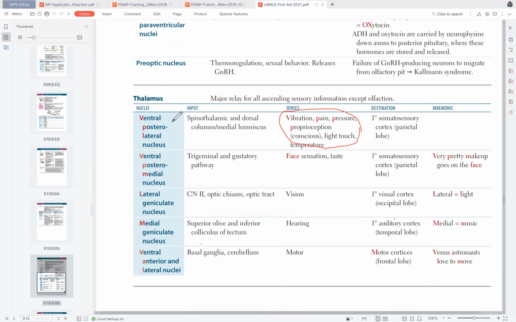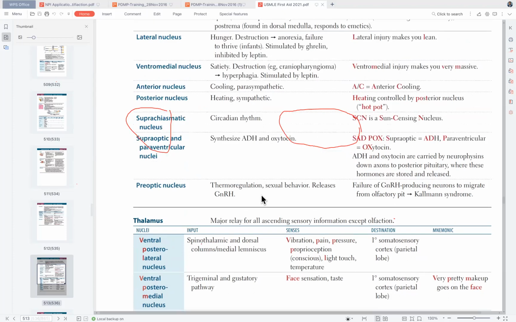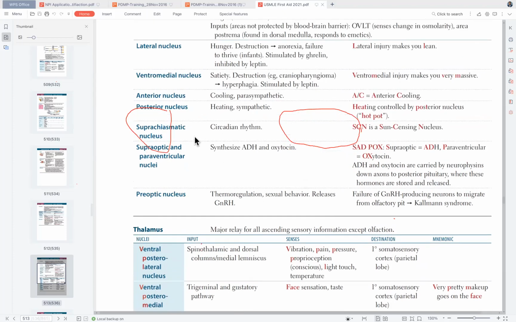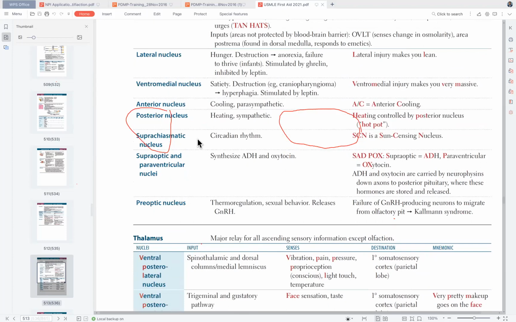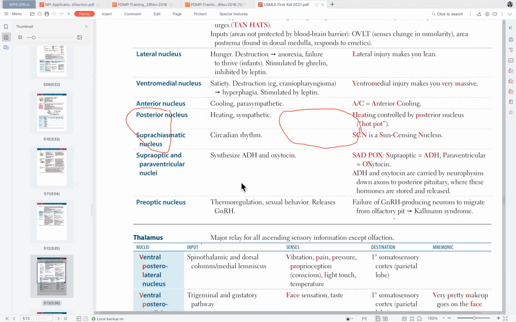It's going to be the ventral posterior lateral nucleus of the thalamus, right? Because we said that the main function of the thalamus is sensation, and most of the sensations are what is listed over here. And when you go to the one above, you also want to look at which one affects eating and hunger. Very important that you know which of the nuclei affect them.